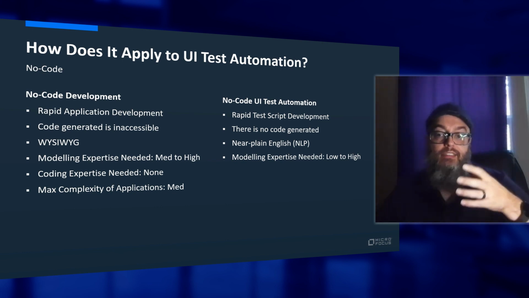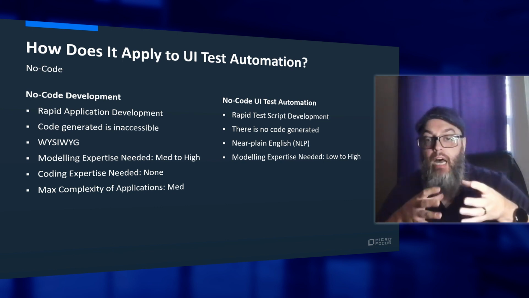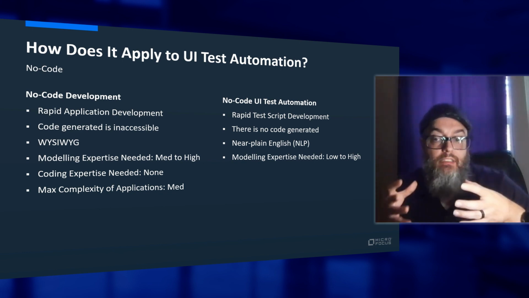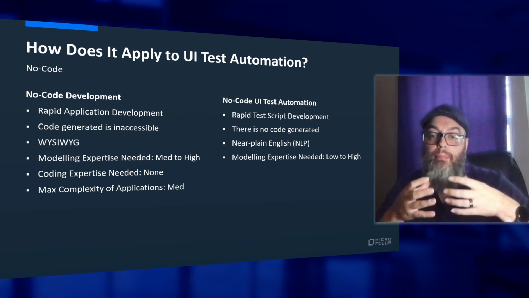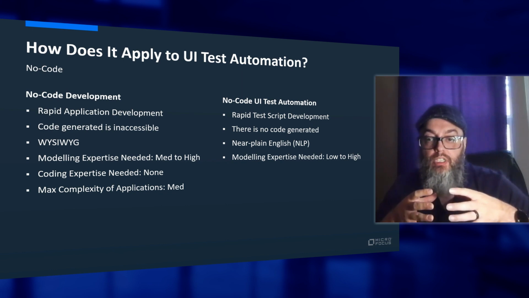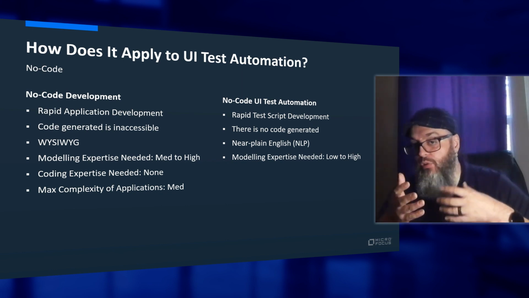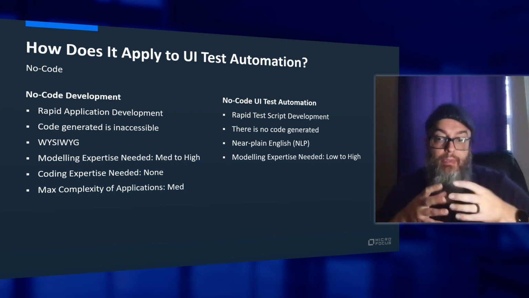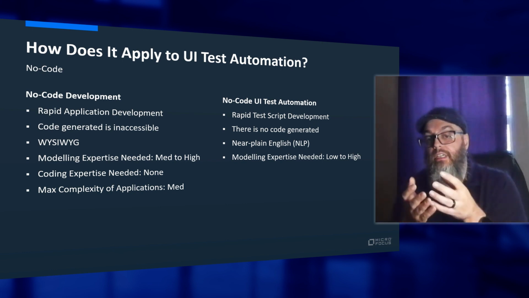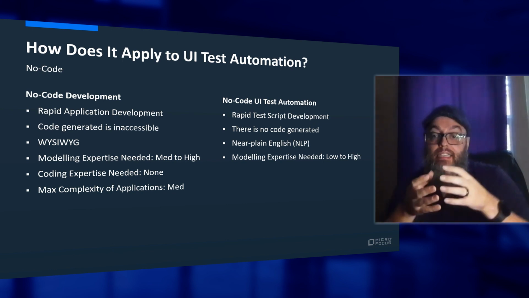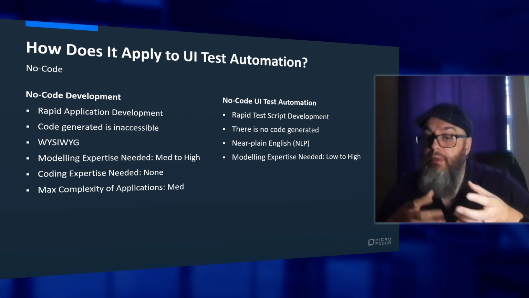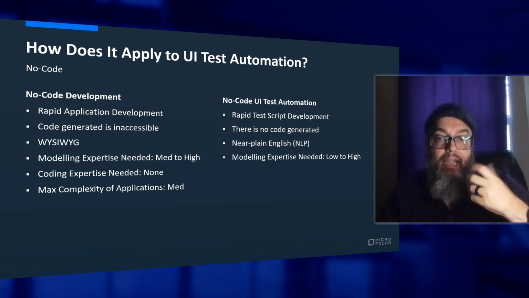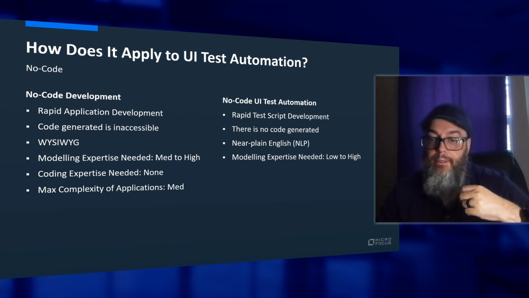Now, while you don't necessarily have to build your tests in a modular or model-based manner, the persona who typically would utilize a no-code solution would also naturally gravitate towards and reap the benefits from a model-based testing framework. Thus, the modeling expertise that's needed could be low, but it's more valuable when you have a high modeling expertise.